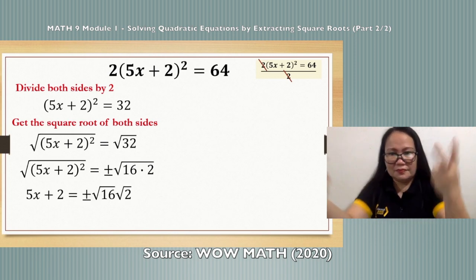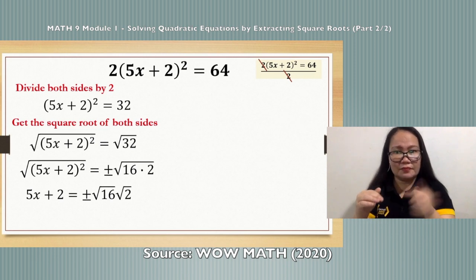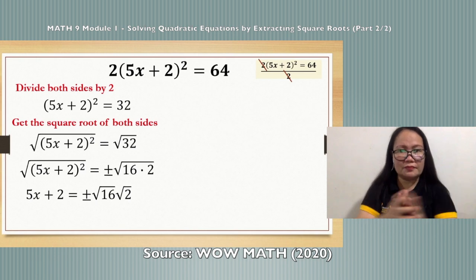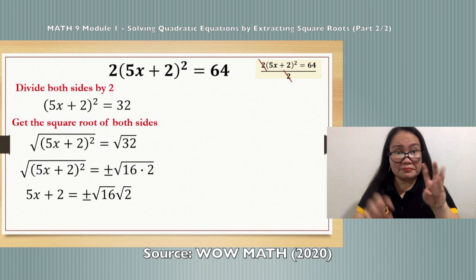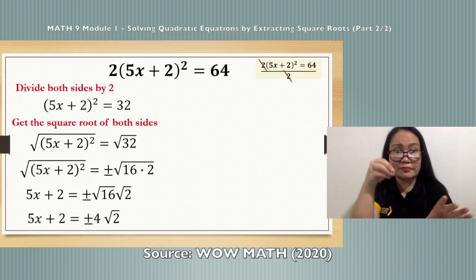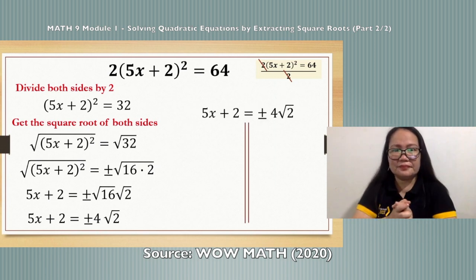So, we now have 5x plus 2 is equal to positive or negative square root of 16 times square root of 2. Since si 16 ay perfect square, pwede natin siyang ilabas. Magkakaroon tayo ngayon ng 5x plus 2 is equal to positive or negative 4 square root of 2.